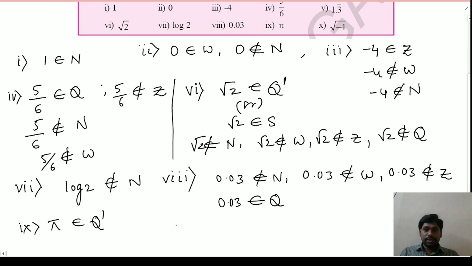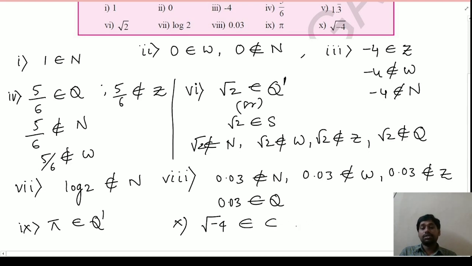Next, the 10th one, if you see, there is the square root of -4. See, my dear students, the square root of -4 is not a natural number, not a whole number, not an integer, not rational, not irrational. Then what? It is a complex number.